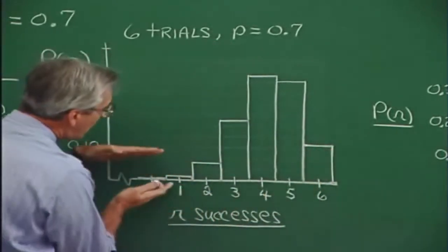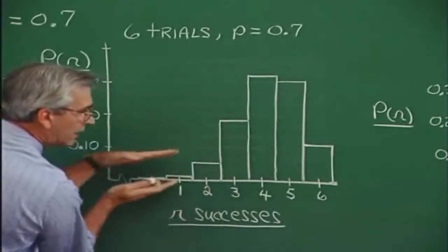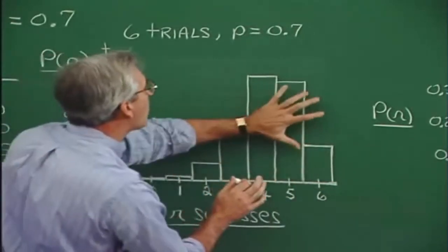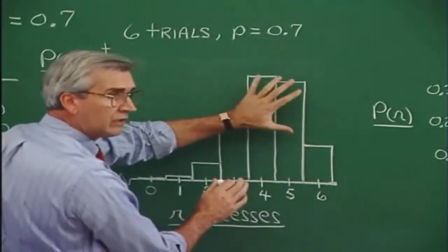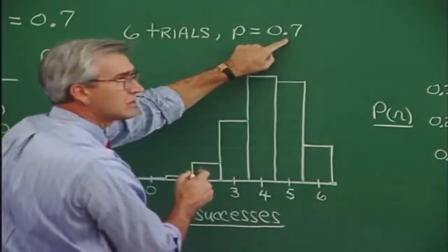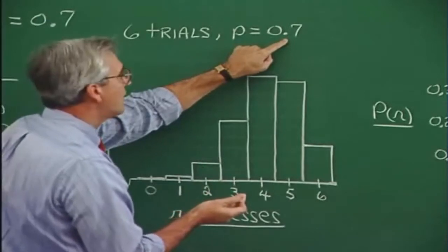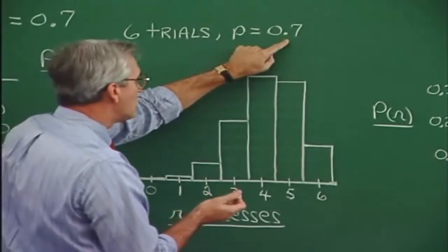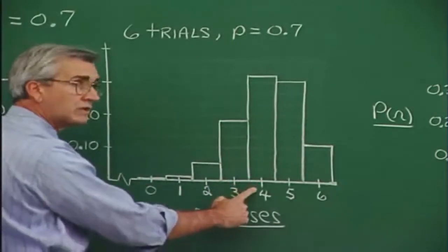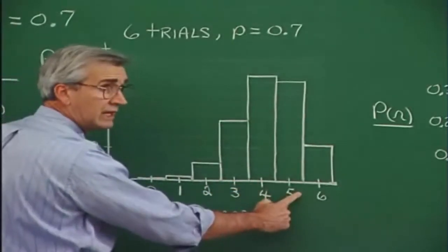The skew part will become longer and longer over here, and the larger humped region will be more and more to the right as p gets larger. After all, the probability of success is relatively great here. It's greater than 0.5. So no wonder there's a higher probability associated with 4 successes, 5 successes, under this circumstance.